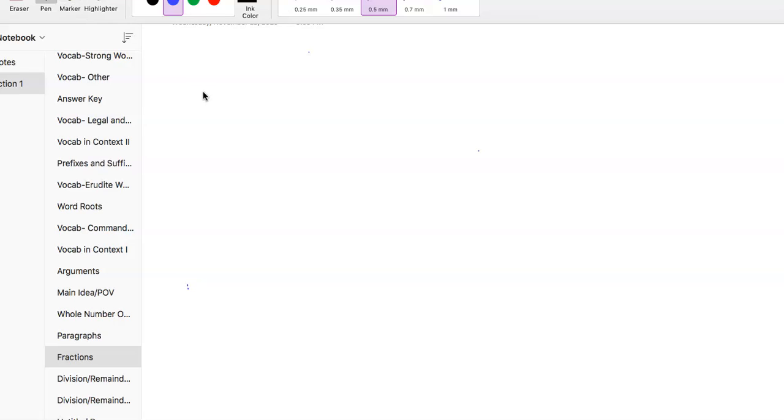Okay, so let's take a look at this one. This one we added a variable: x over 10 times 10 over 40. You can do it a couple of ways, but we're just going to go straight across.